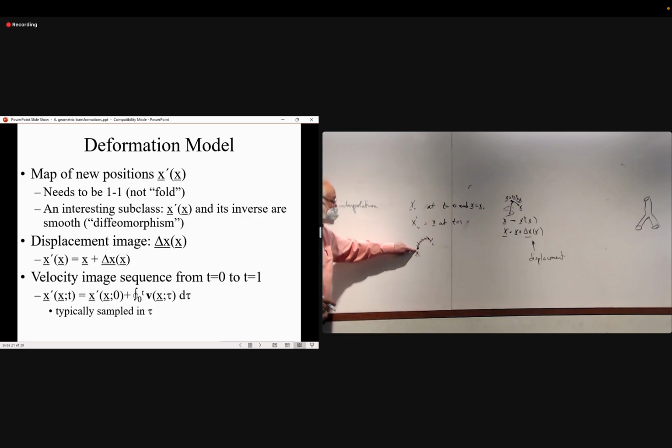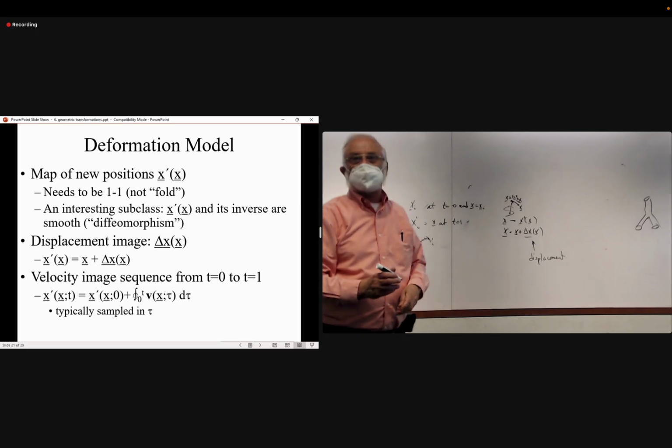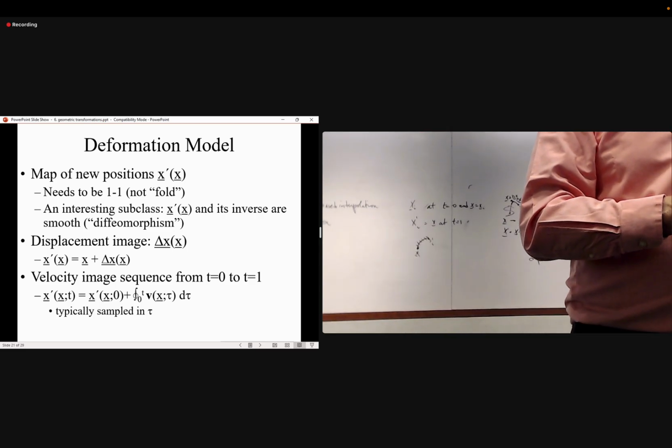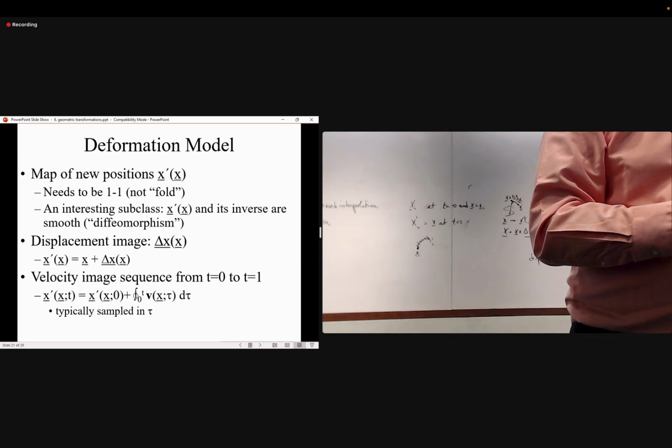So it's here at t equals 0, it's here at t equals 1, at t equals a half, it's halfway along this curve. At t equals 0.75 it's 3/4 of the way along this curve. And so from that point of view, we're trying to understand these little velocities at each time.